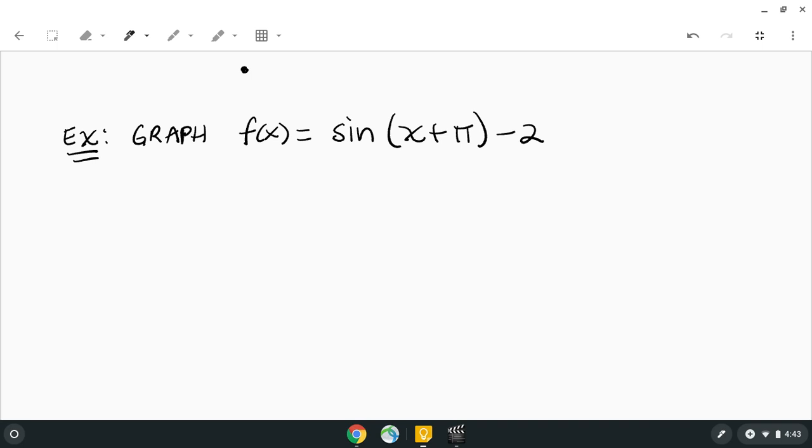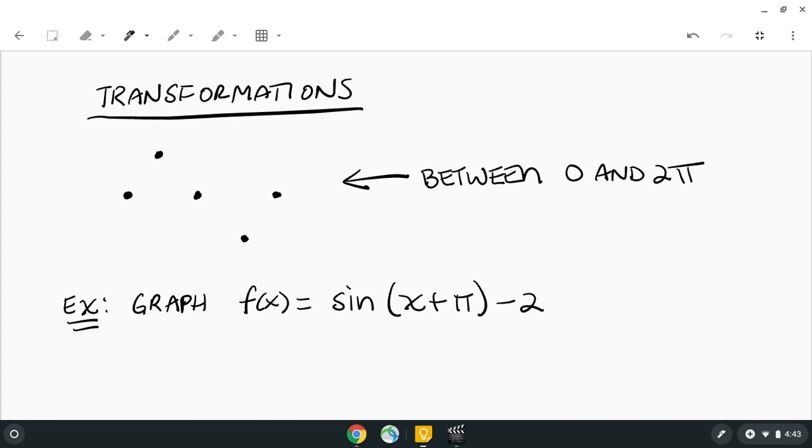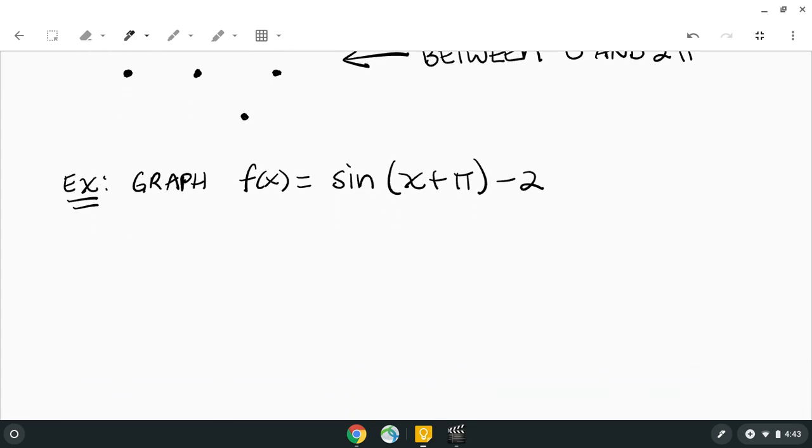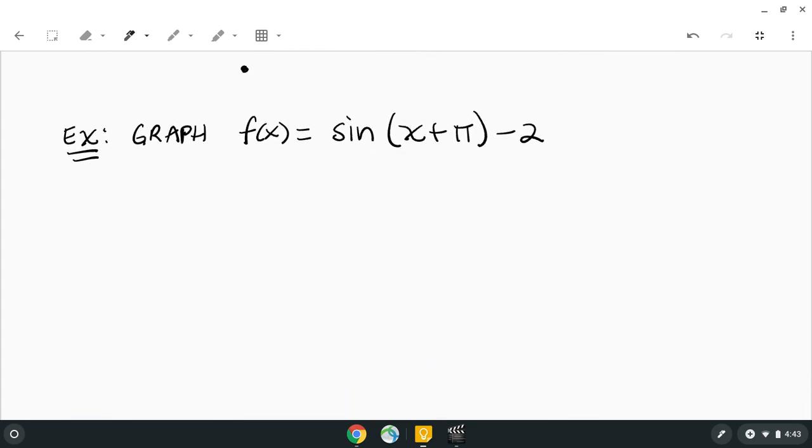Here, the minus 2 will be like your traditional shifting. But when we do the horizontal shift, it's more like a change of endpoints. Here, this basic graph, the endpoints are at 0 and 2 pi, and here they will not be.